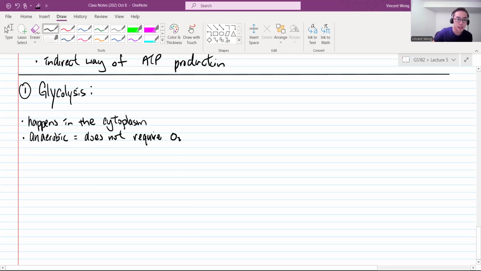Sometimes, during strenuous exercise, for example, imagine running at full speed. There's going to be a point where your leg muscles are using up more oxygen than you can deliver. So in those instances, glycolysis can still happen even without oxygen. We'll talk more about those situations next class, but that's what anaerobic means.